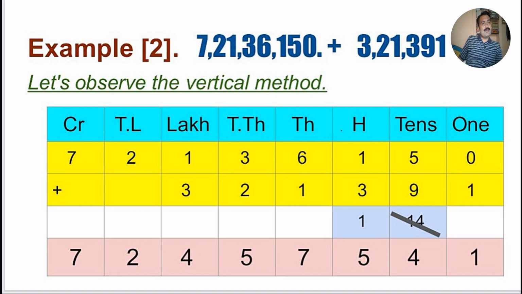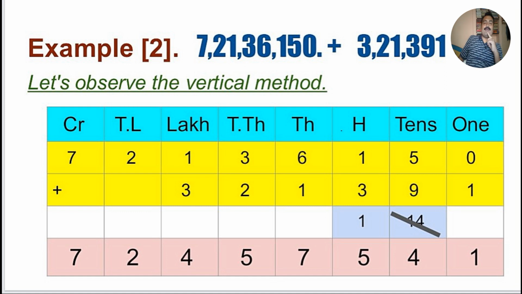First write the ones place, then tens, then 100, and at last the lakh place. So we write 1 in the ones column, 9 in the tens column, 3 in the hundreds column, 1 in the thousand column, 2 in the 10,000 column, and 3 in the lakh column. Then you get the proper, correct vertical arrangement.